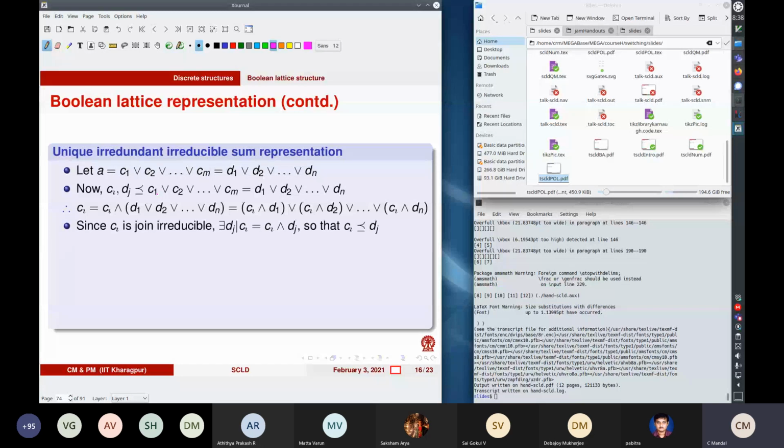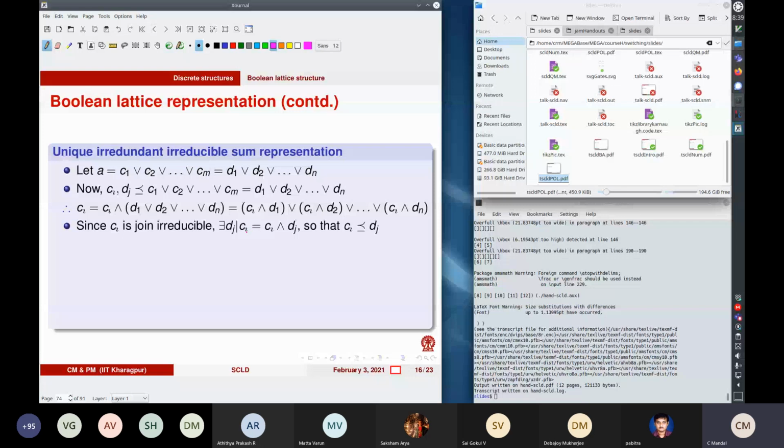Now, since Ci is join irreducible, if we go by the property of join irreducibility, one of these elements must be equal to Ci. So there must exist a Dj, so that one of these elements is the same as Ci.